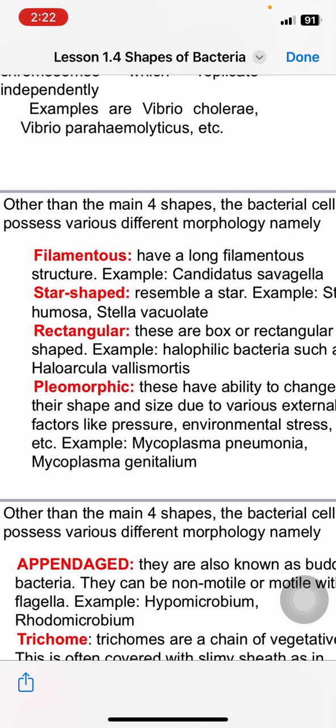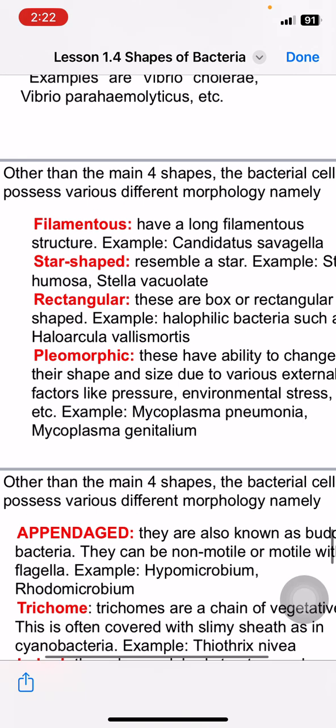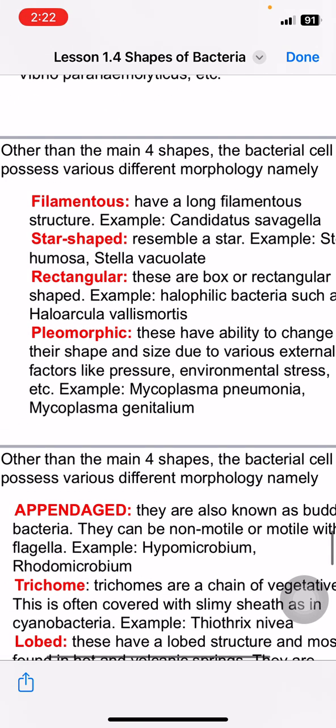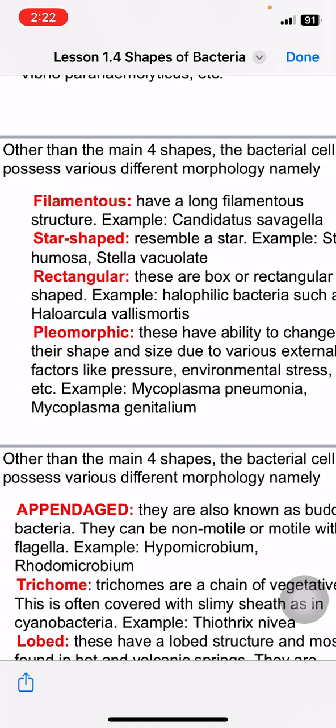And pleomorphic is the ability to change their shape and size due to various external factors like pressure or environmental stress. So filamentous is a long chain structure that can be compared to an illustration of a sperm. When we say star shape, very simple. It has a resemblance of the star.